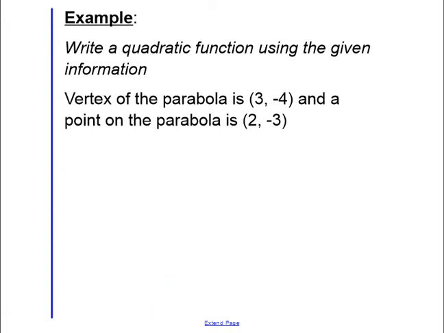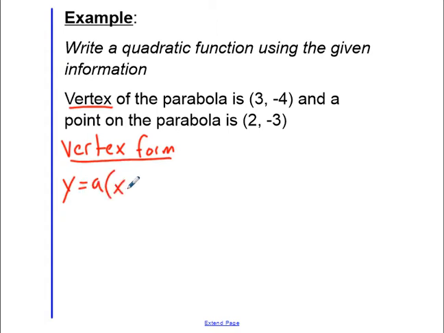So that's a nice key word to look for: if you see vertex, you should be using vertex form. Remember, vertex form is y equals a times x minus h squared plus k.